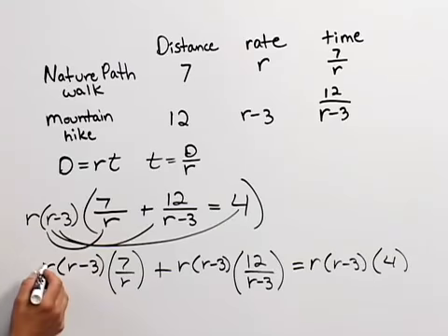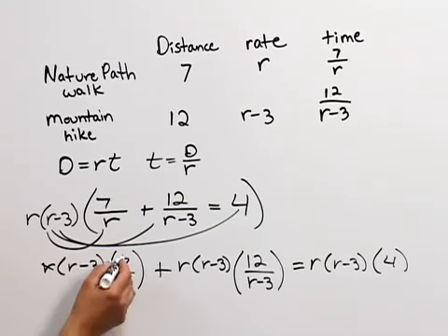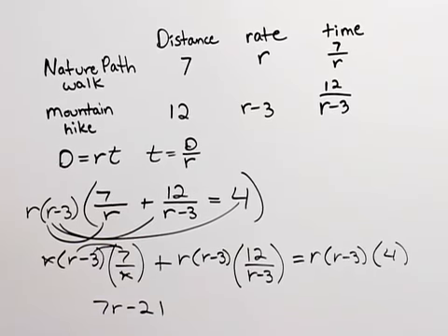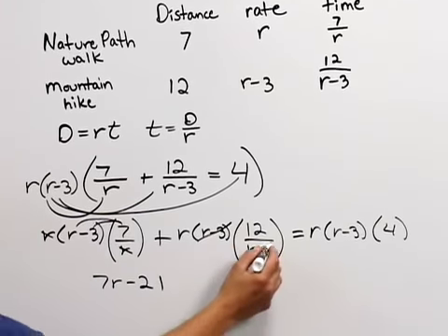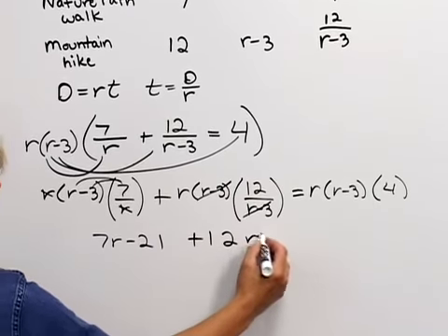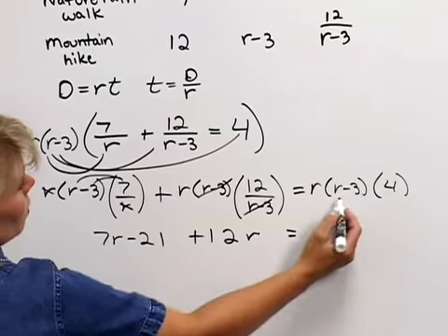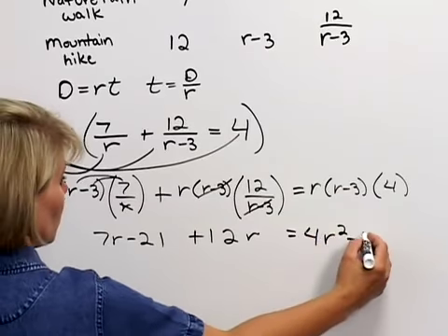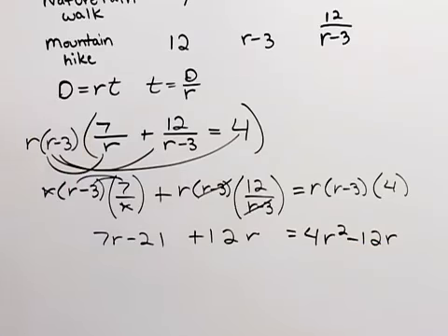If we go back and cancel, these R's will cancel, and when you distribute your 7, you get 7R minus 21. Here the R minus 3's cancel, and R times 12 is 12R. And that's going to equal over here, when we multiply, 4R squared minus 12R.